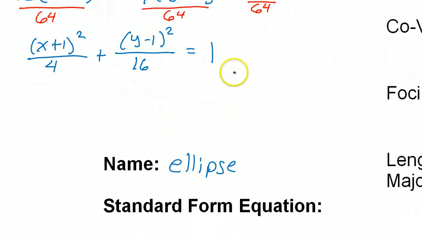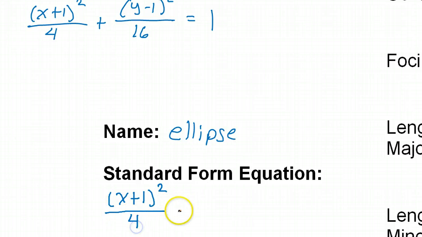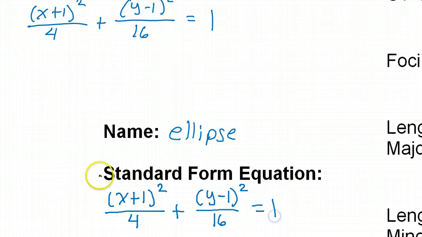So this is the standard form for my ellipse, so I just need to recopy it. So I'm going to have, once again, x plus 1 squared over 4, and then plus y minus 1 squared over 16 equals 1. There's my standard form equation.